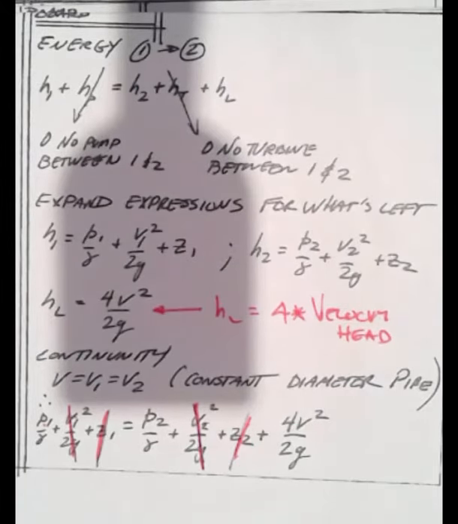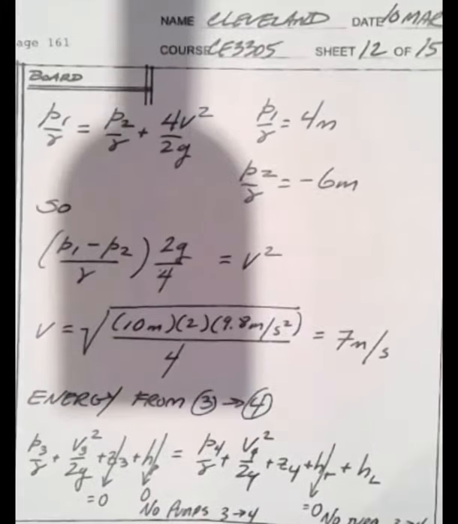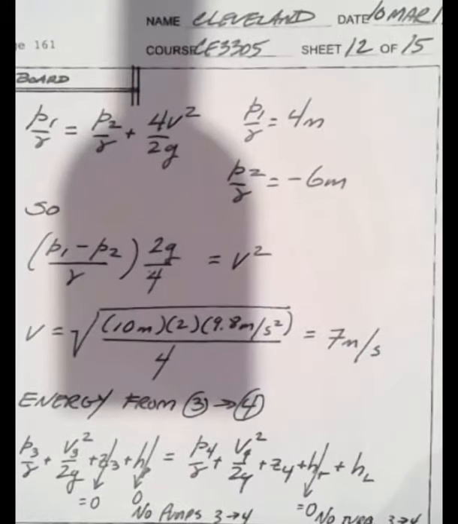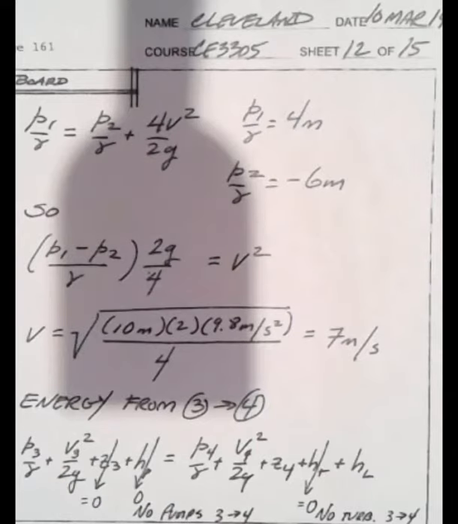From the drawing, we can deduce that the pressure head at 1, at least a little bit upstream of the inlet, is going to be 4 meters because that's the pool elevation. And the pressure head at 2, we're told in the problem statement, is minus 6 meters.